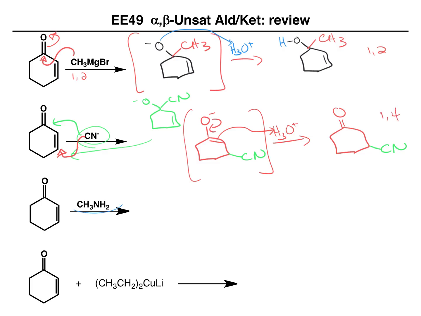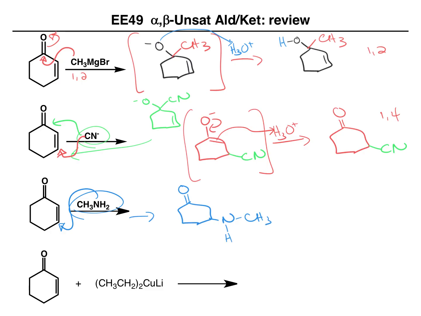If we have an amine as our nucleophile, this will again go through 1,2, but it's a weak enough base that it is reversible, and so this will lead to the 1,4 addition product. I'm not showing all the steps, but this will be our isolated product.